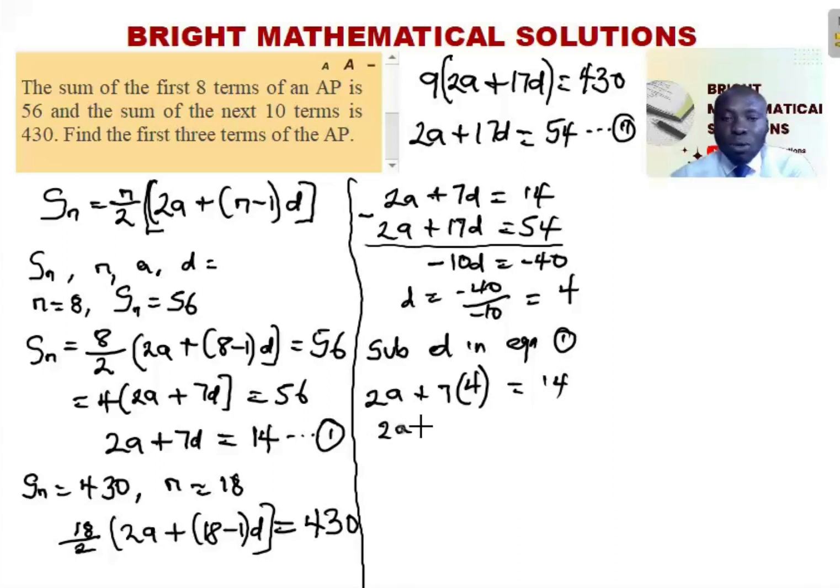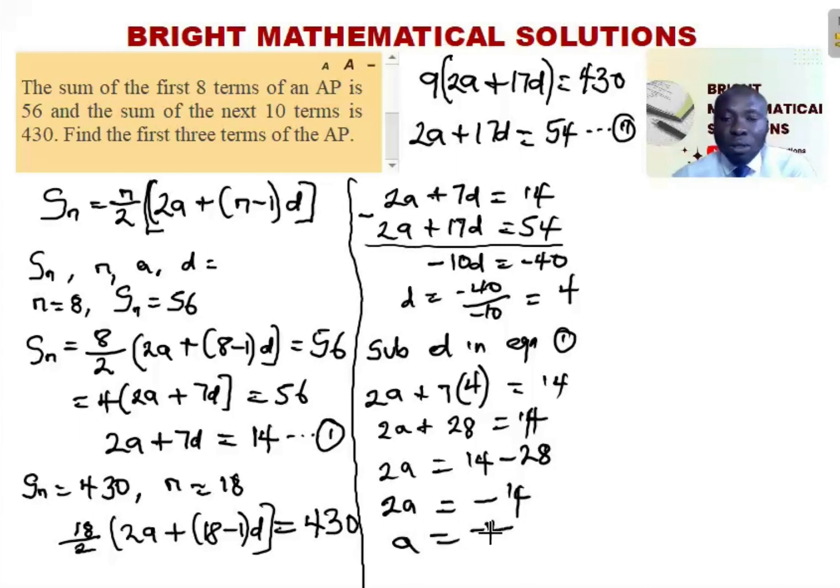That is 2a plus 28 equals 14. 2a equals 14 minus 28. That is 2a equals minus 14. So a equals minus 14 divided by 2, which is minus 7.